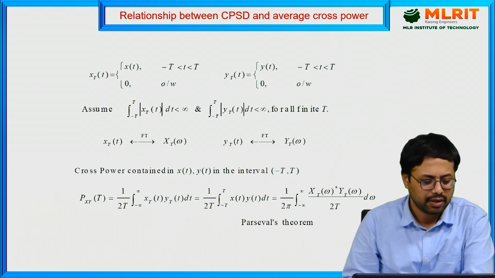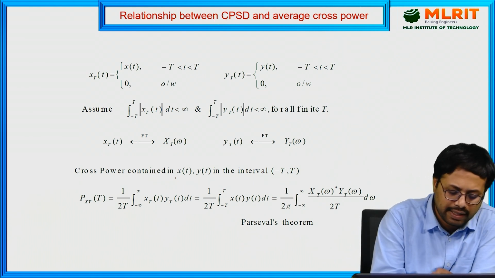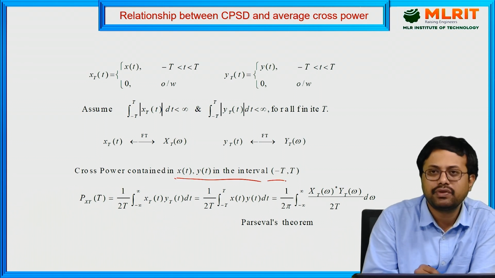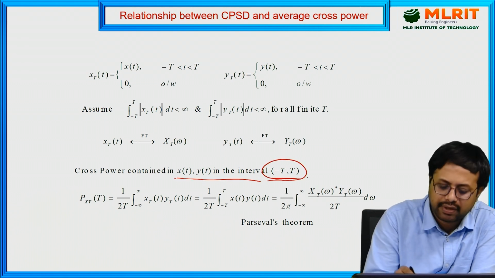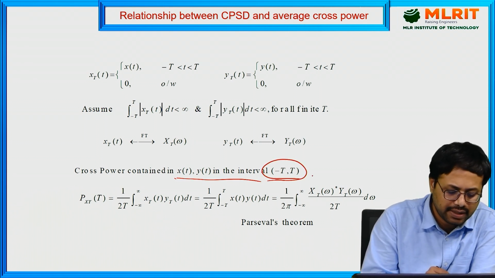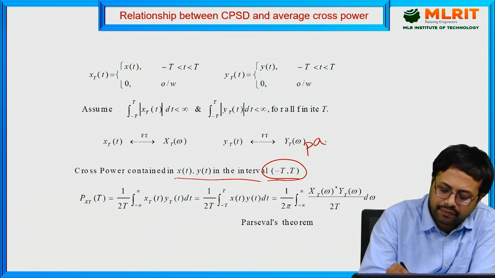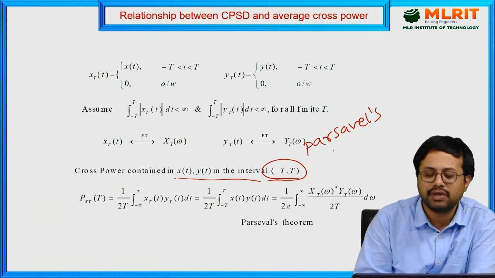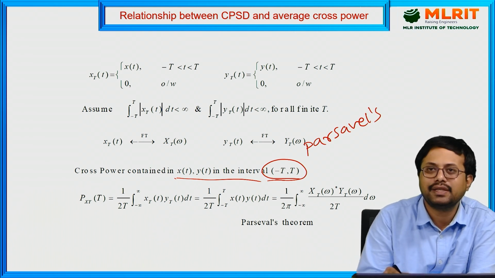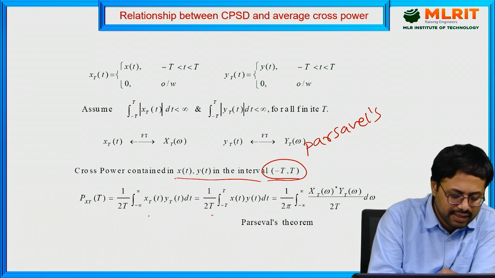Now, the cross power obtained from x of t and y of t. First we calculate the power only for the interval minus T to T. To calculate that we take the help of Parseval's theorem, which gives the relationship between energy in the time domain and energy in the frequency domain. This is the energy in the time domain.